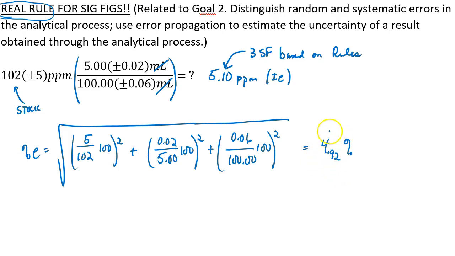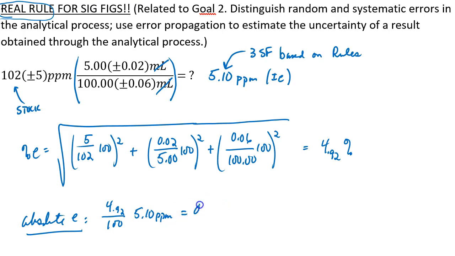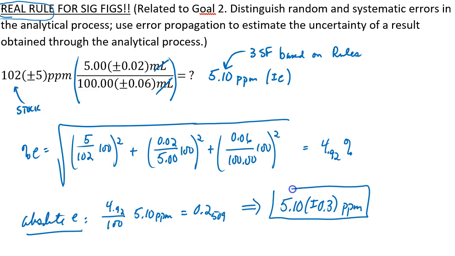So can we convert this percent relative error into absolute? So again, what is 4.92% of this concentration? 4.92% of 5.10 ppm, when I did the arithmetic, I got 0.2 with an insignificant 509, which suggests that I have a concentration of 5.10 plus or minus 0.3 ppm, and now I'm a little bit concerned.